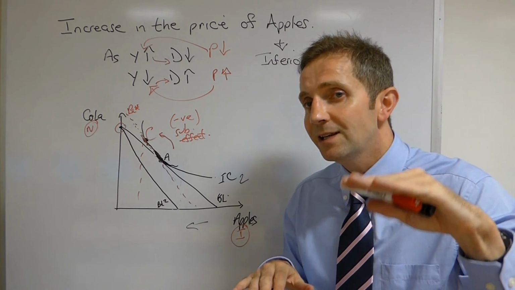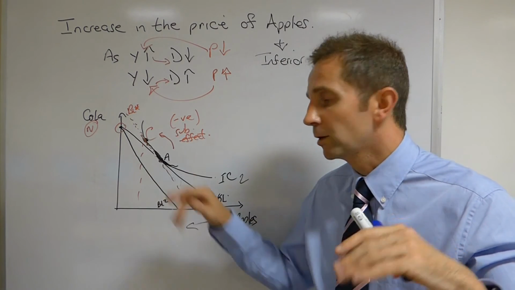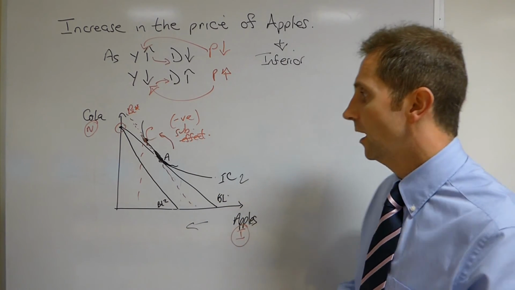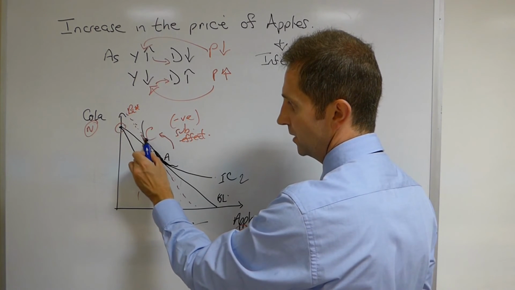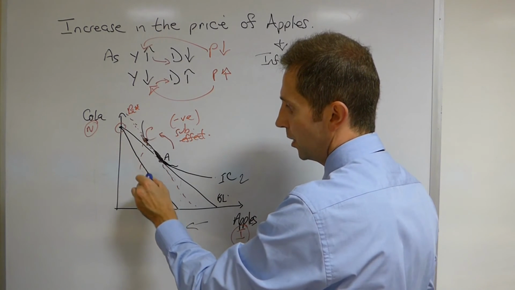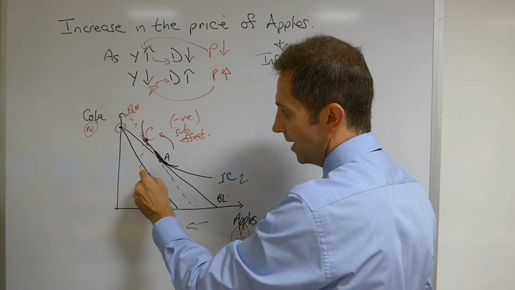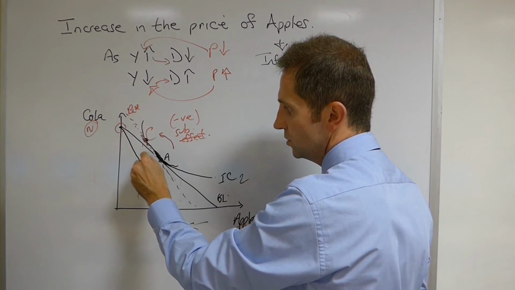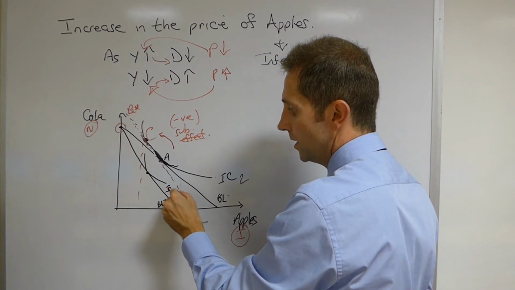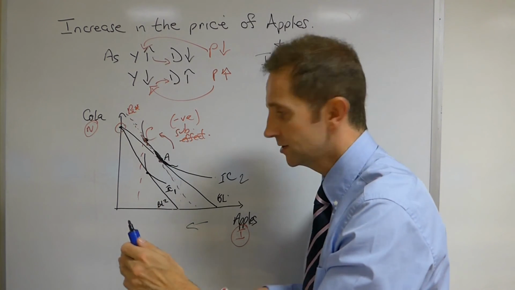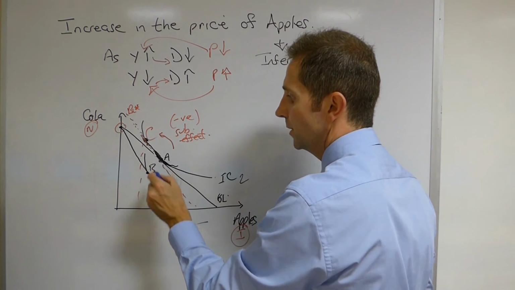It will be less than we were consuming at A. And so my new equilibrium position is going to be somewhere between C and A, but also beneath A. And so this is the new equilibrium position here, on IC1, remember, for the lower level of utility, at point B.